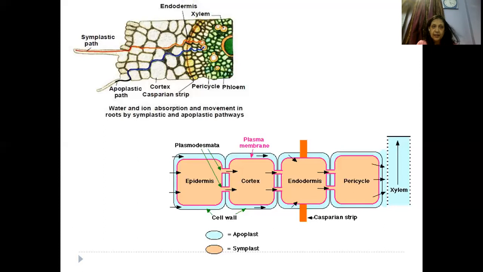So we will find here the water from the root hair comes into the cortex, passes through the endodermis, and will come up to the pericycle.